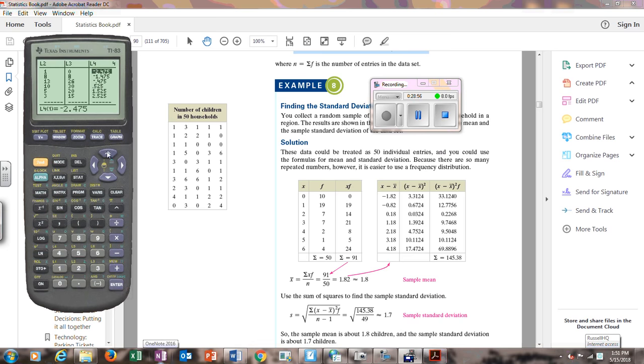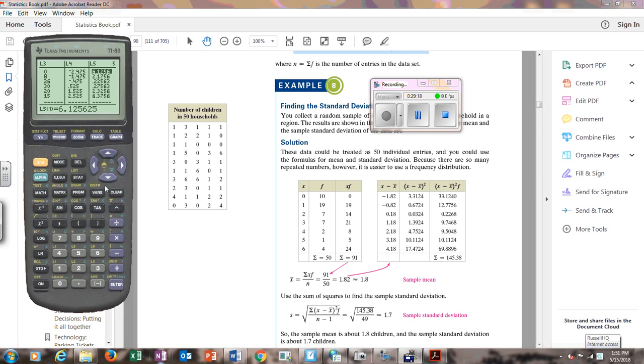That gives you a new L4. Then you go up to L5 and you do L4 squared. That gives you L5.